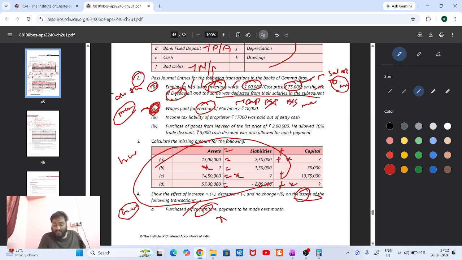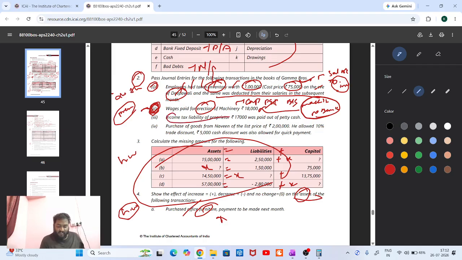So machinery to bank, not wages to bank. Keep remembering this. Why did we presume? Erection of machinery increases the productivity of machinery. If there is an increase in productivity, it will be considered capital in nature.